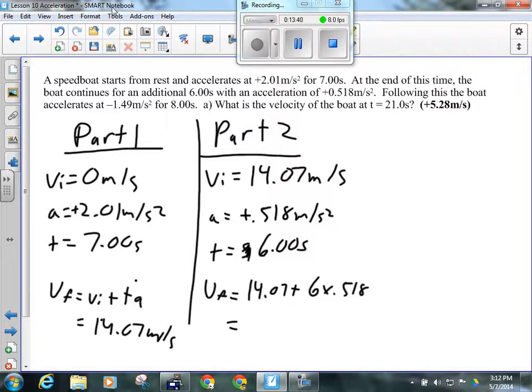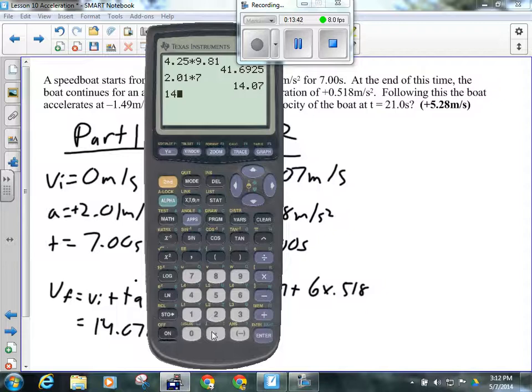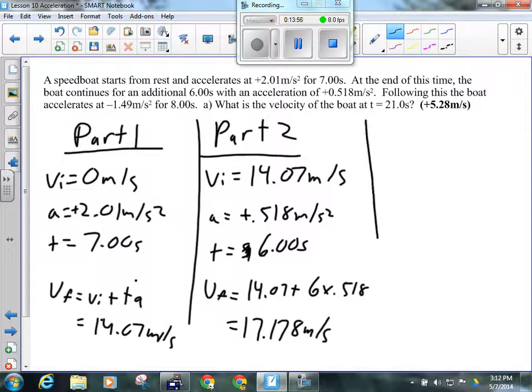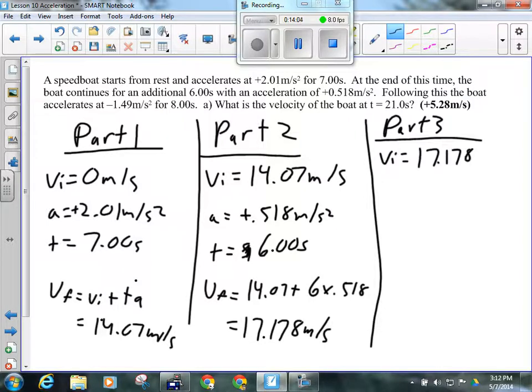Okay, so VF for this one is 17.178. Okay, so VI equals 17.178 meters per second.